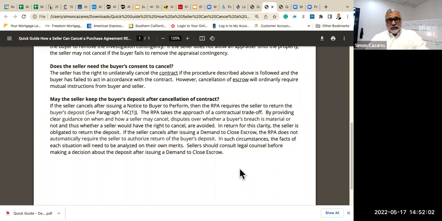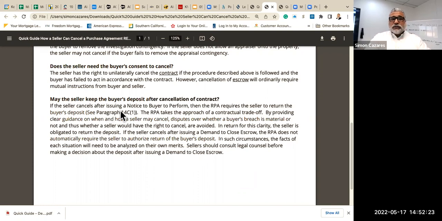Has the buyer released all contingencies? Has the buyer breached any other part of the contract? Once I know some of the answers, then I can tell you, yeah, the seller may have the right to go after the buyer's deposit.